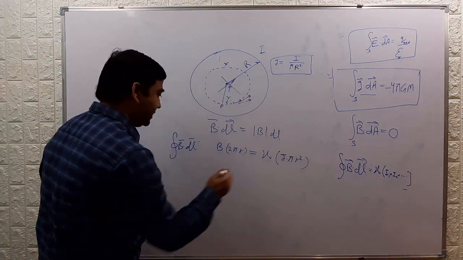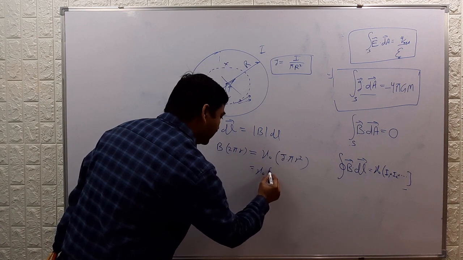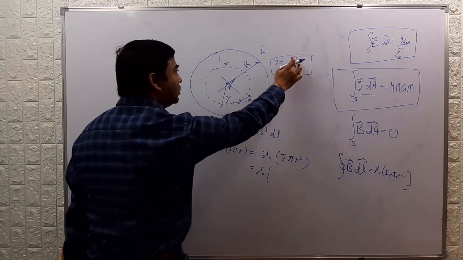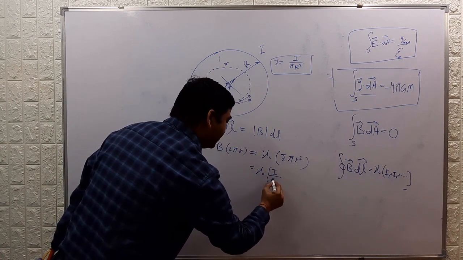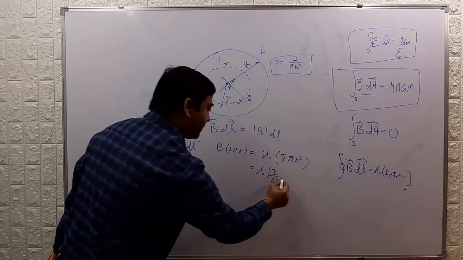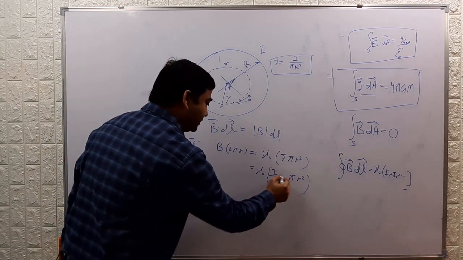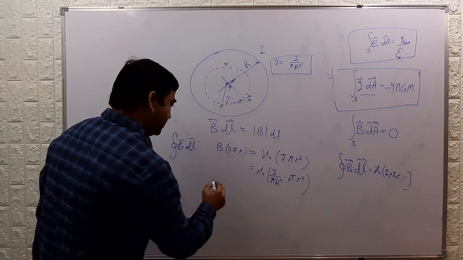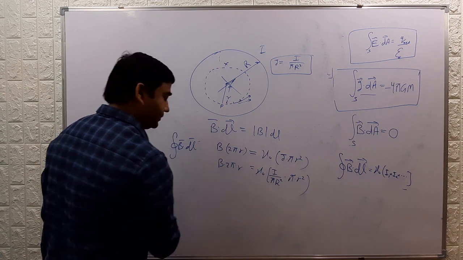So this can be written as mu 0 into J, where J is the total current I divided by pi capital R square, into pi small r square. Pi and pi you can cancel, and on the left is B into 2 pi r.